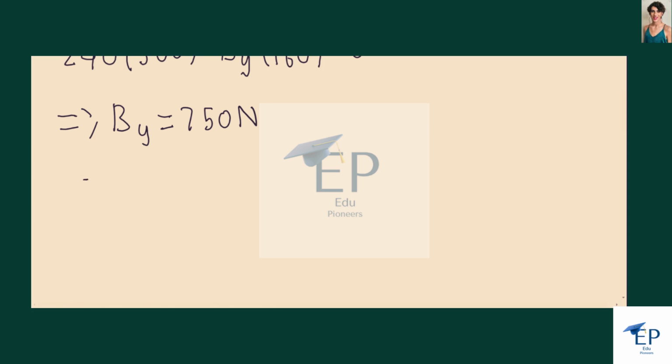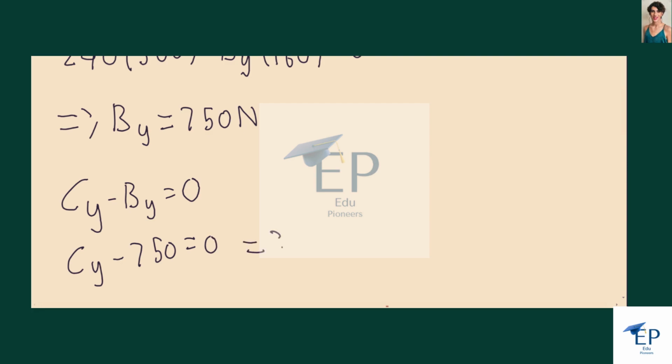So we know that C y minus B y is going to be equal to 0. And we know what B y is. So we now have C y minus 750 equal to 0, and we now get that C y is equal to 750 newtons.